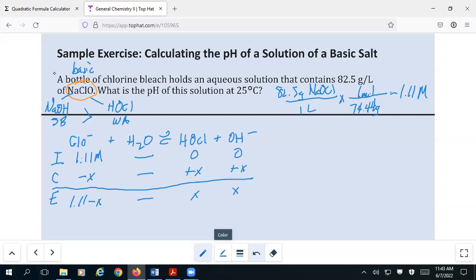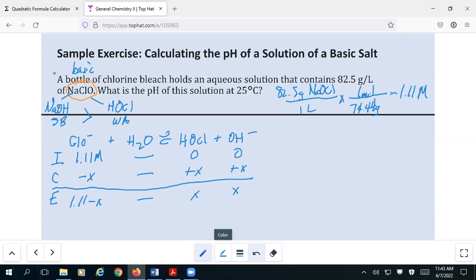And so, like I said, this is something that you kind of have to train yourself to recognize and to do. I've got a problem like this, I'm probably going to have to set up an ice table somewhere. The trick to this one was we had to set up the correct ice table. We had to know what it was that was reacting.